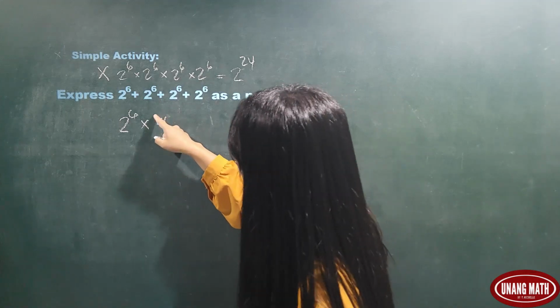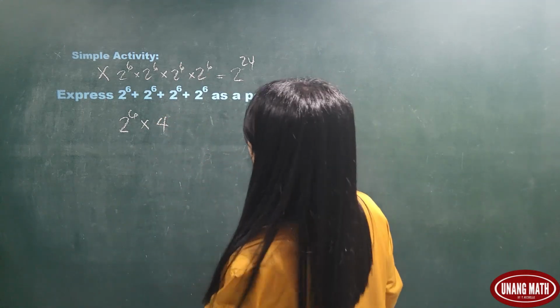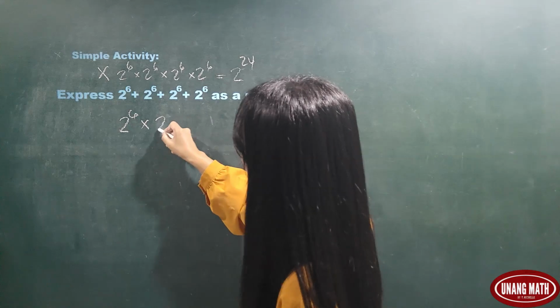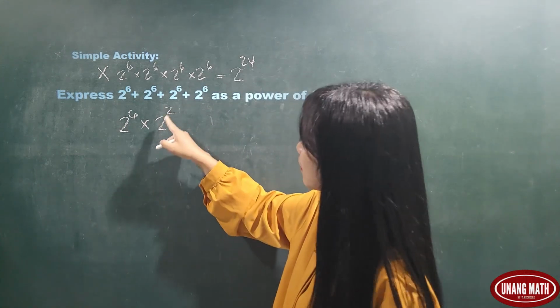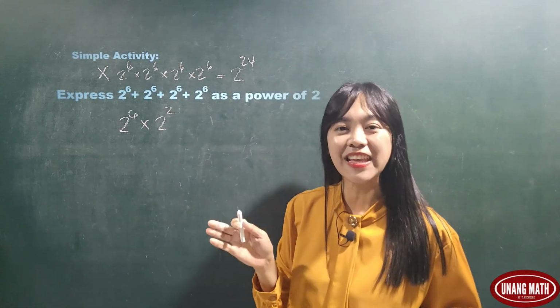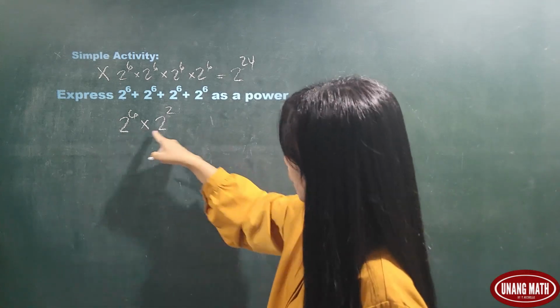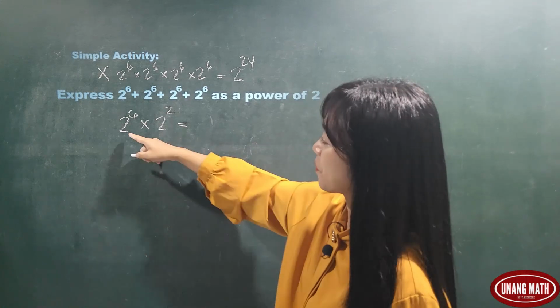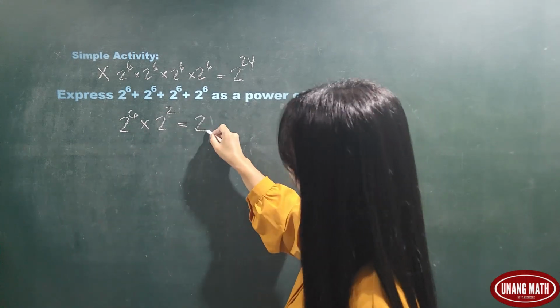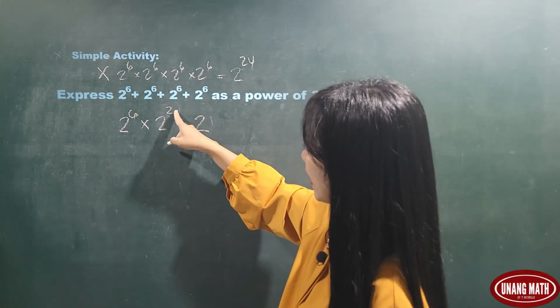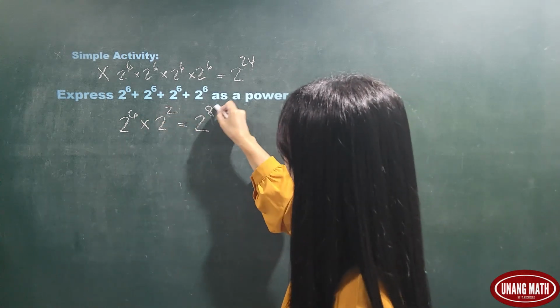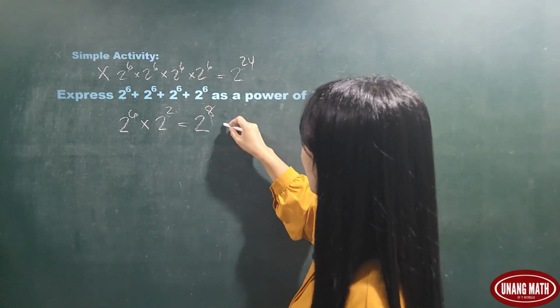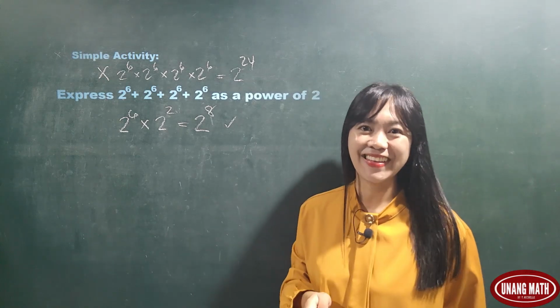But we can make 4 as 2 raised to the power of 2. 2 raised to the power of 2 is just equal to 4. So we have now the same bases. So we can now apply the exponent rule. So just copy the base 2, then add the exponents. 6 plus 2 is 8. So this is equal to 2 raised to the power of 8.